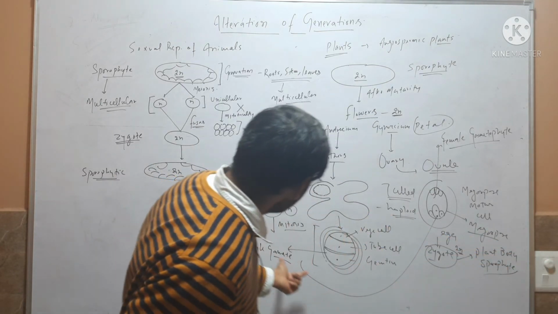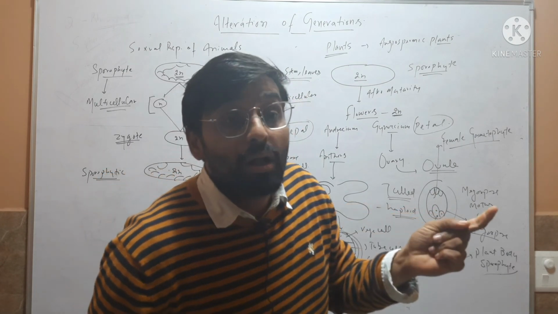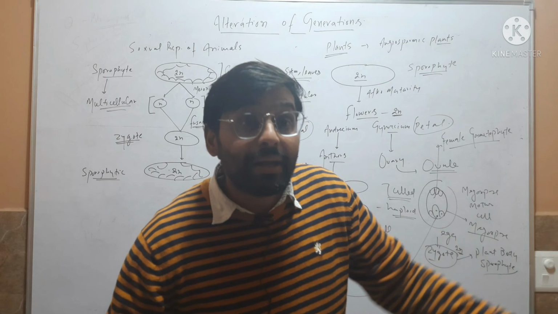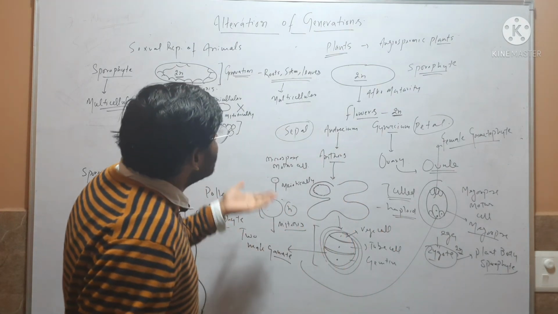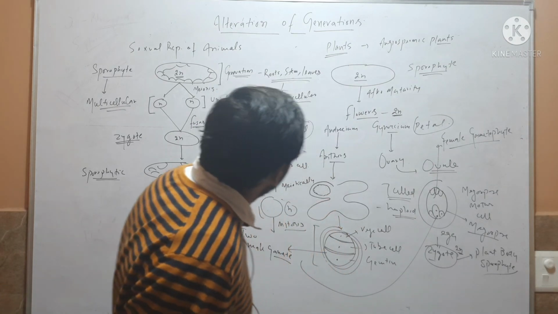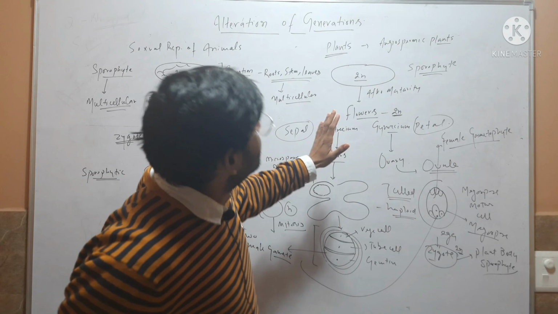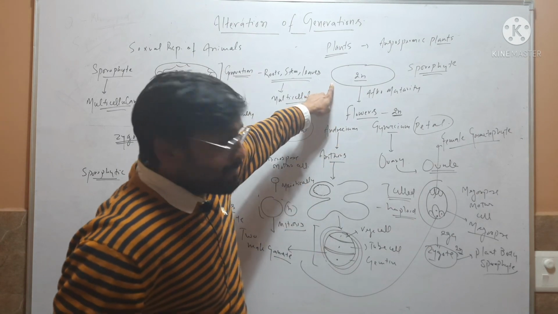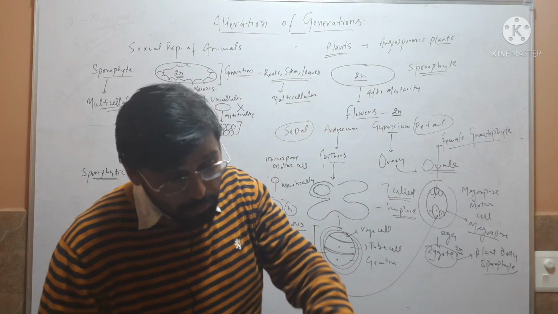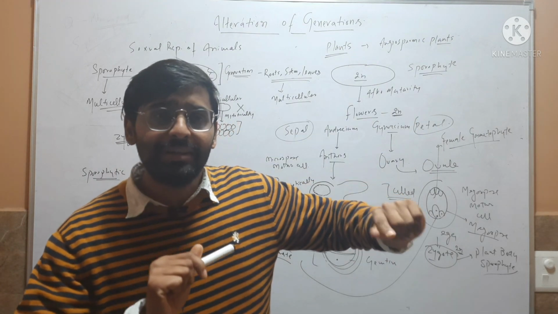So clearly two generations alternate one after another. That's why alternation of generation occurs in plants, but in animals no such alternation occurs. So this is alternation of generation: sporophytic, gametophytic, then sporophytic, then gametophytic again, meaning generations alternate one after another.